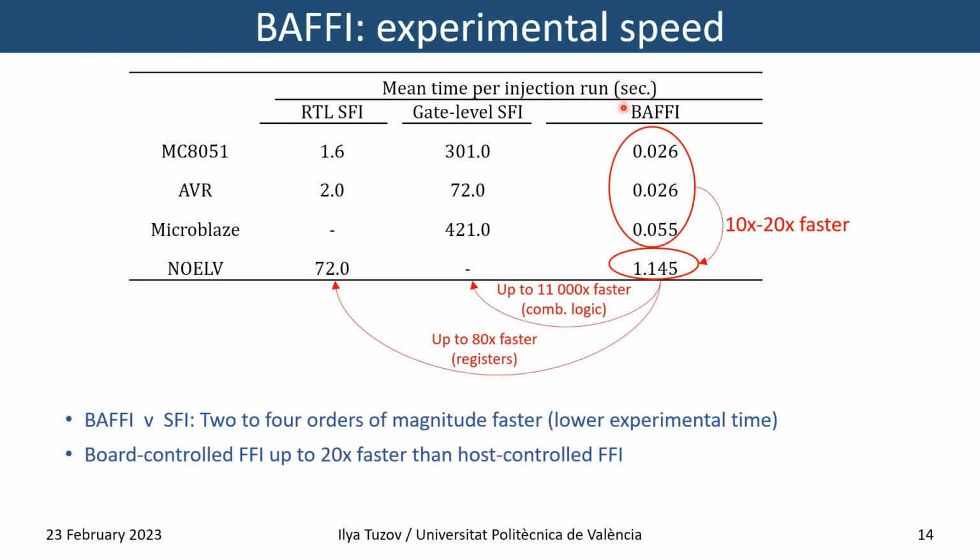And especially considering that BAFFI is 2 to 4 orders of magnitude faster than the simulation-based fault injection. We can see the exact estimation on this slide: up to 80 times faster when targeting the registers, and up to 11,000 times faster when targeting the combinational logic.